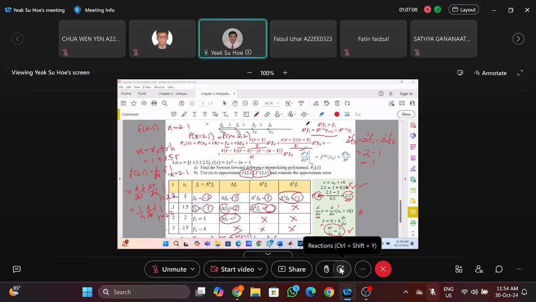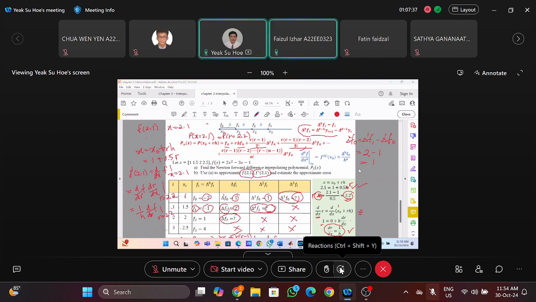This is the formula: delta power k f i is equal to delta power k minus 1 f of i plus 1 minus delta power k minus 1 f of i. You see the index, so follow exactly. So this is delta power 1, and this one is delta power 0.